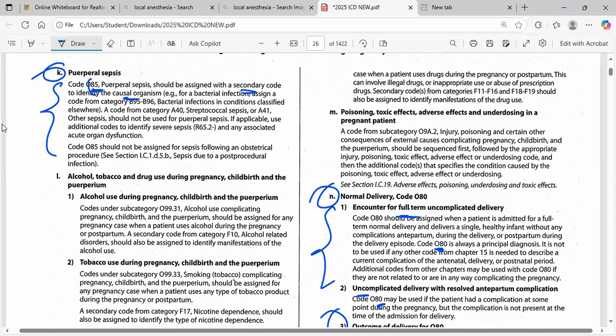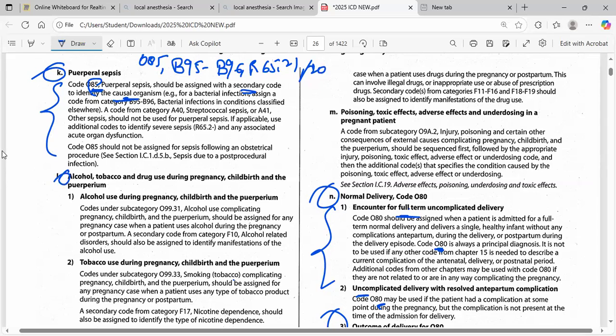So your first code is O85, second code would be the causal organism, and to represent the causal organism, you will use a code from series B95 to B96. You have to make sure that O85 will be the primary diagnosis. And if there is any severe sepsis and septic shock, you have to code severe sepsis and septic shock separately.